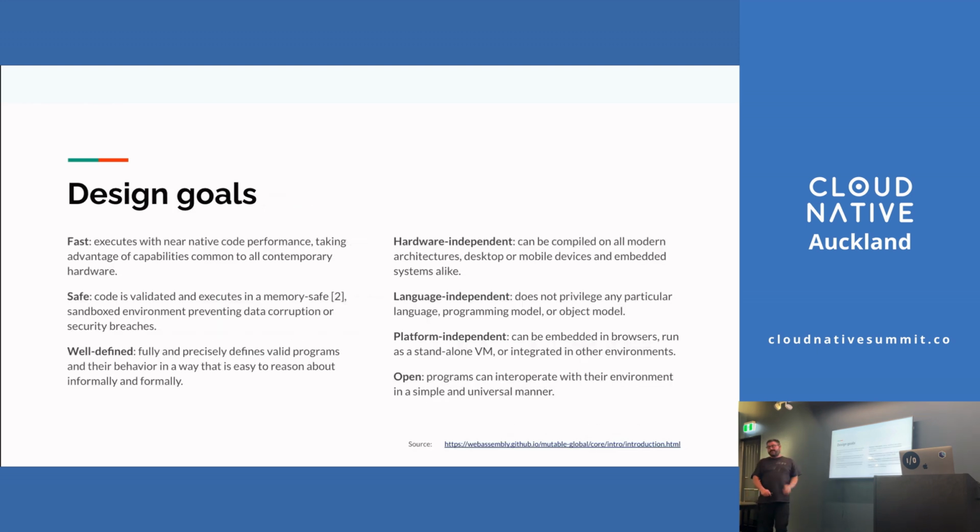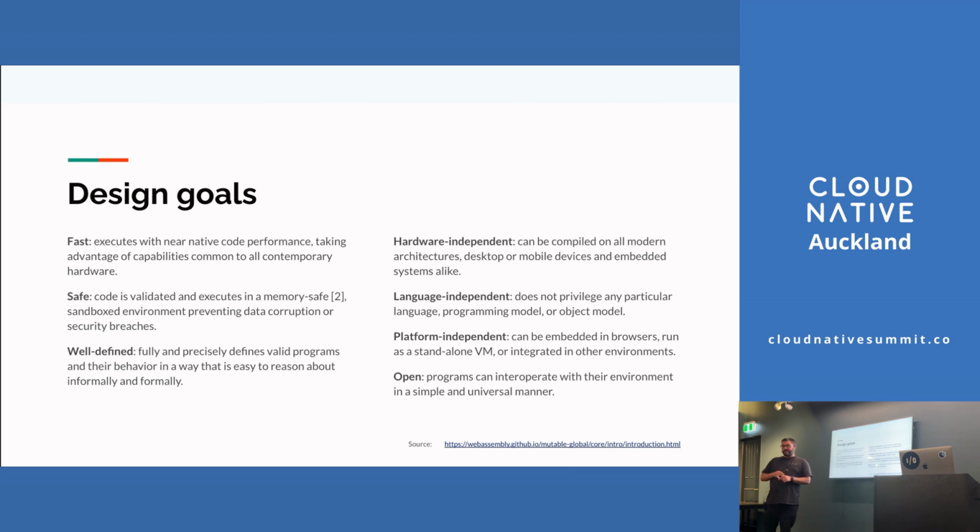So the WebAssembly design goals are what make it really critical and useful for non-web applications. It's super fast, so it's near native performance. There are no abstraction layers, so you're running as low as possible. Super safe, so it's designed for the web. You don't want code running from anywhere in the world to be able to access anything.